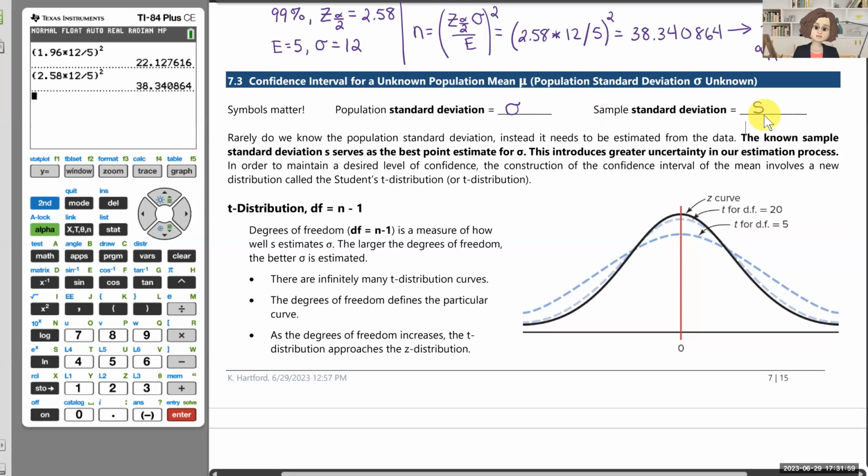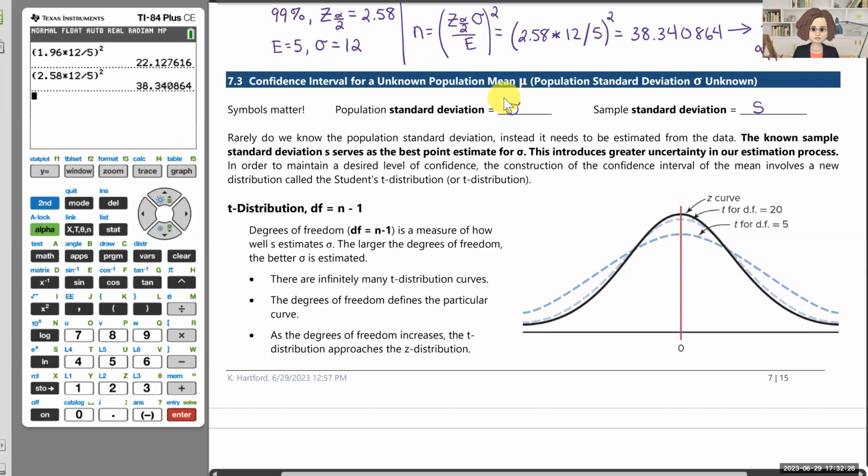So what ends up happening is if we don't know something about our population, like the standard deviation, it introduces more uncertainty in our estimation process. So what we're going to see is greater margins of error when we're having to create a confidence interval based on s rather than on sigma.